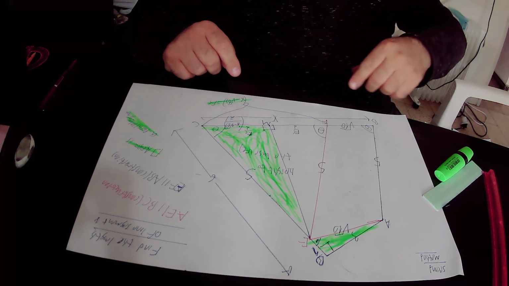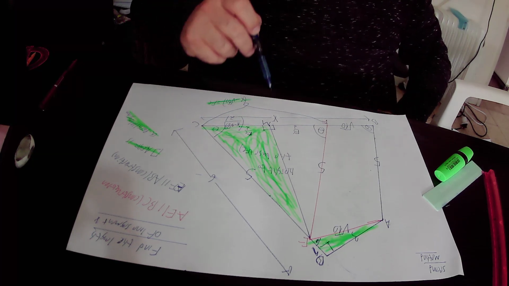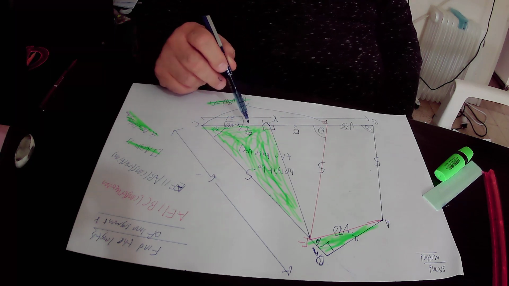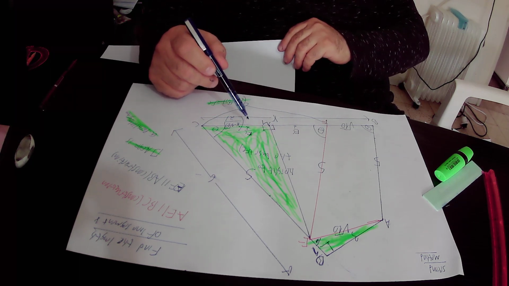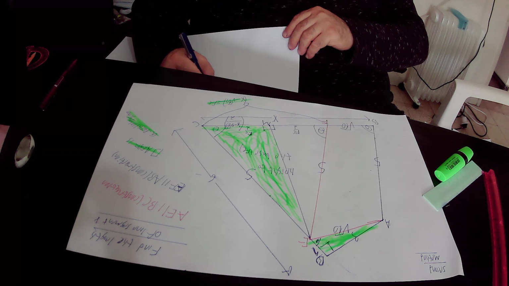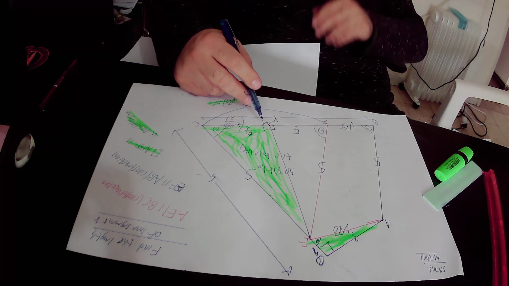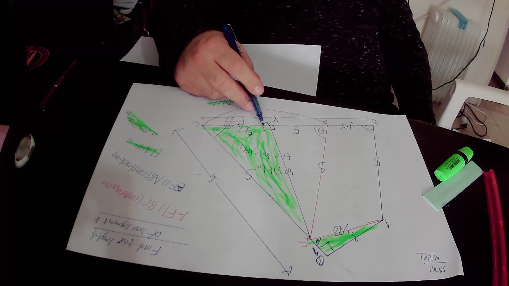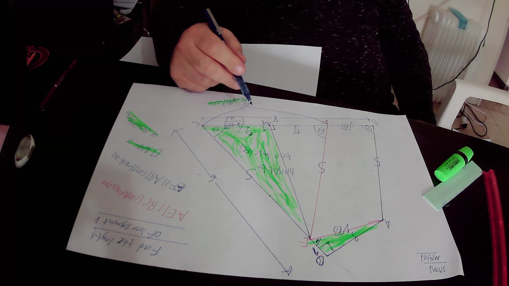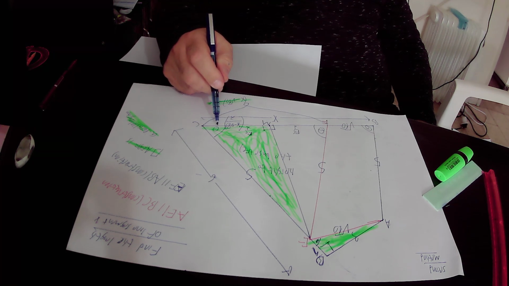First of all, in triangle EMC, this angle equals 90 degrees. This angle equals theta.